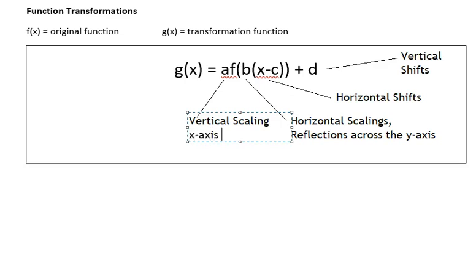So for an x-axis reflection, we would multiply the A by -1, or to flip the graph over, basically. Okay, so keeping these things in mind, we're going to look at an example and make changes to the function based on what transformation we want to apply.